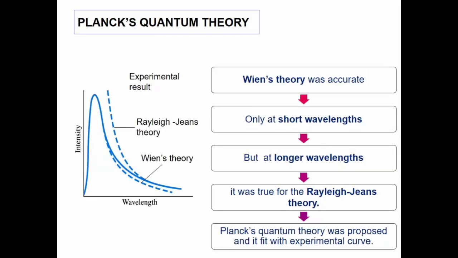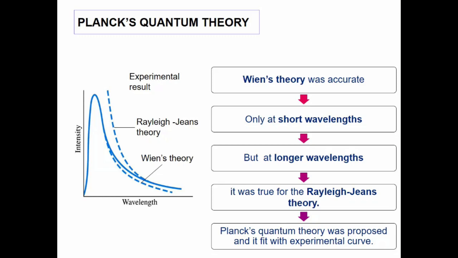This graph shows the comparison of Wien's and Rayleigh-Jeans theories to the experimental result on the spectrum of EM radiation emitted by the blackbody. Wien's theory was accurate at short wavelengths but deviated from experiment at longer wavelengths, whereas the reverse was true for the Rayleigh-Jeans theory.